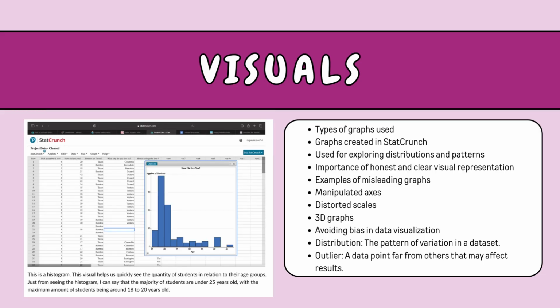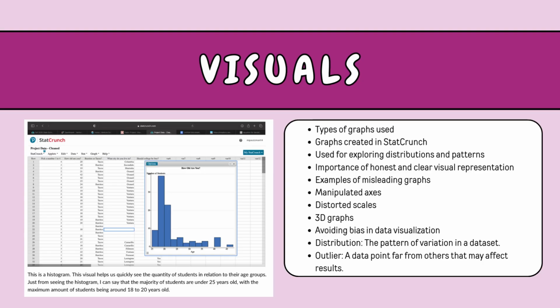This one is a histogram. It was done with the age groups of the people that had answered the survey, analyzing how old are you.